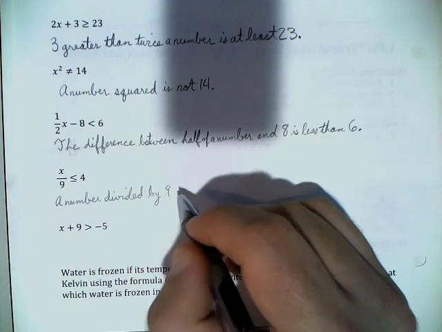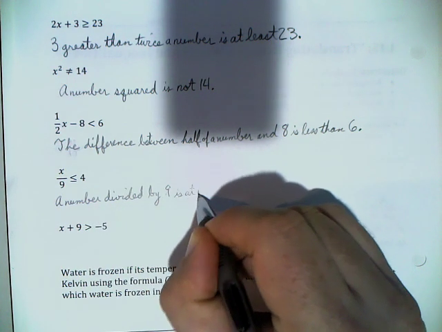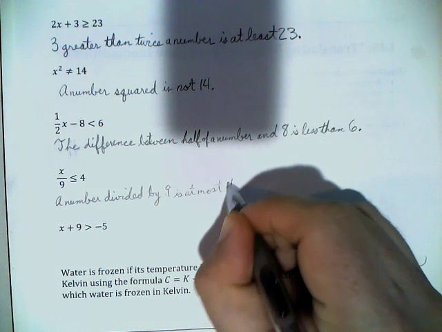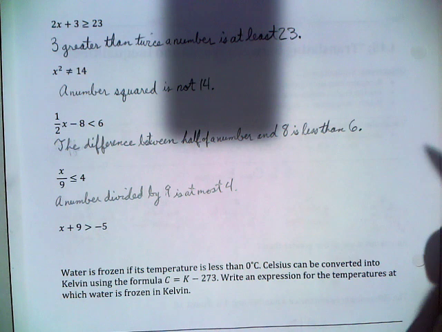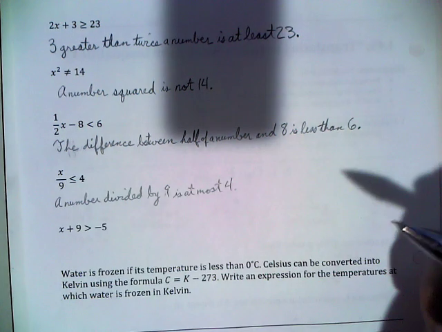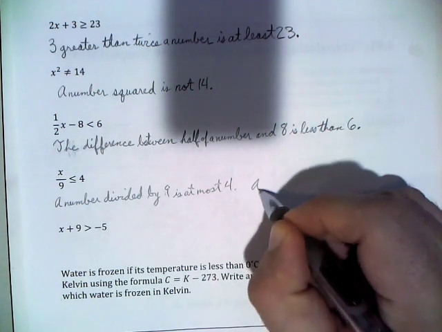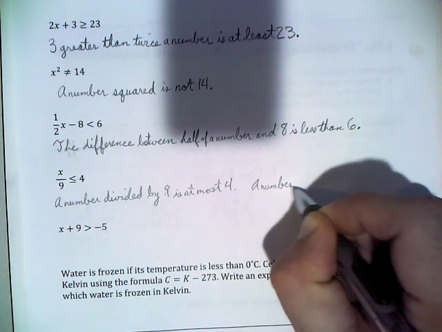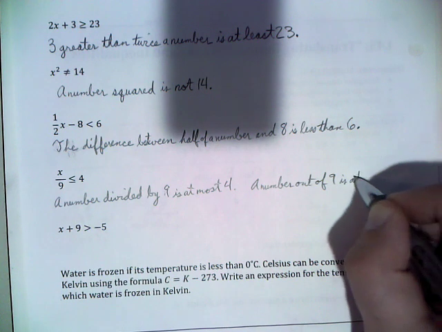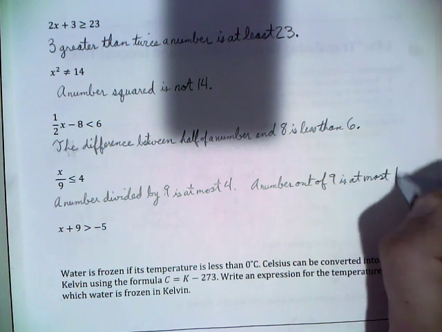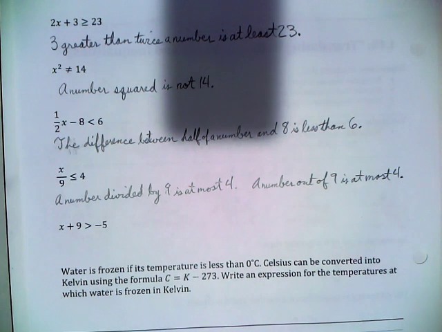So a number divided by 9 is at most 4. Another way we could do this is just as we talked on the front, we could think of this as a fraction. So a number out of 9 is at most 4. That would work as well. We could also say the quotient of a number in 9 is at most 4.